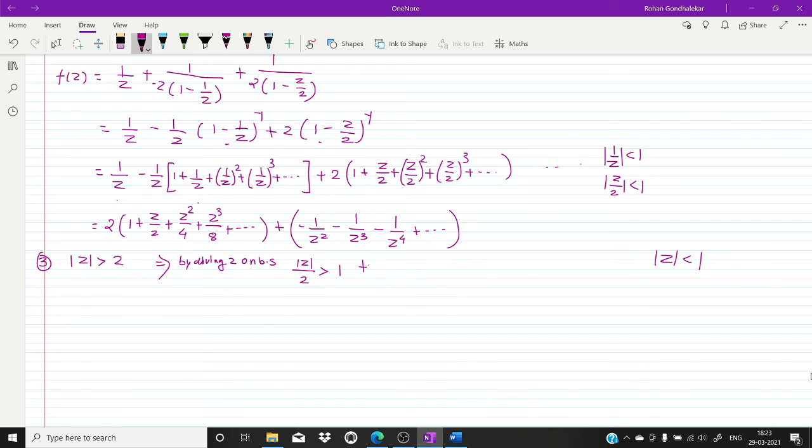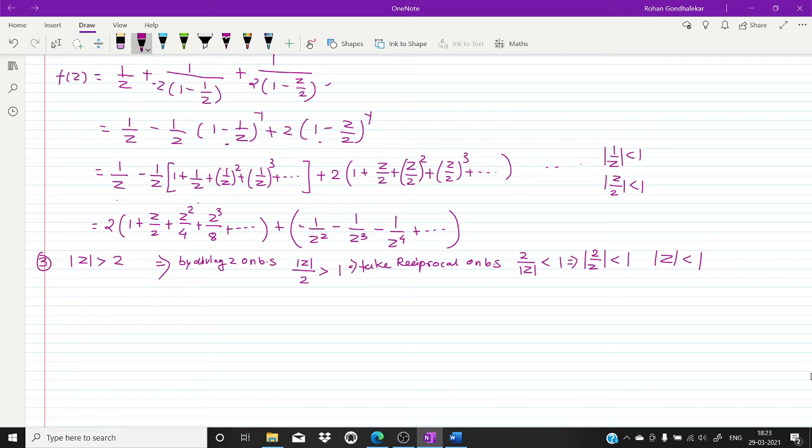Okay. Now take the reciprocal on both sides. So what I'm getting, 2/|z| < 1. Clear? So this gives me |2/z| < 1. So the role of this term is over.